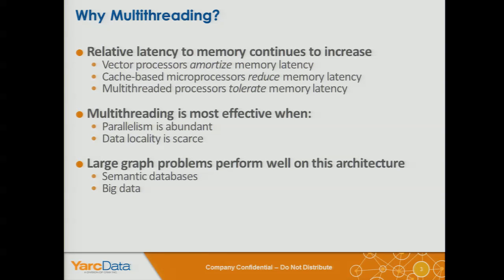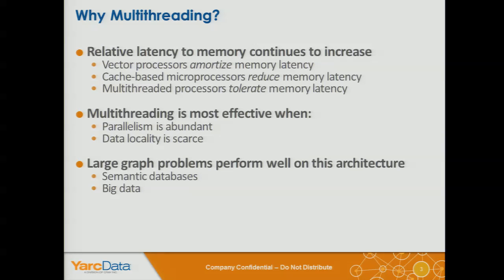And data locality is a bit more subtle because the XMT works very well on problems where data locality is abundant. The problem is there's probably a cheaper and faster machine that can do it. So if you're working on a dense matrix problem, like LinPack, that has very good data locality that can be exploited, the XMT will do it very well, but some other machine with a higher clock speed will do it faster.